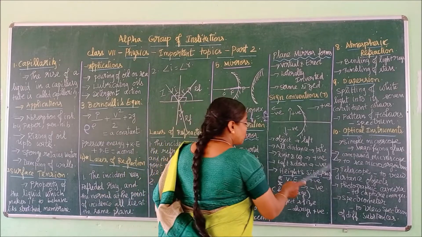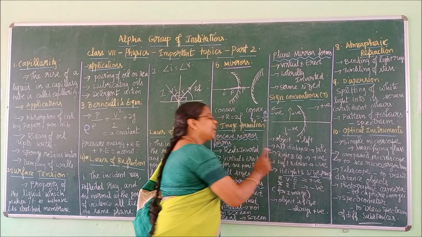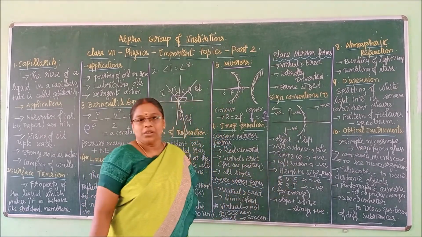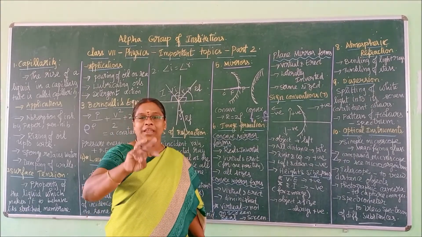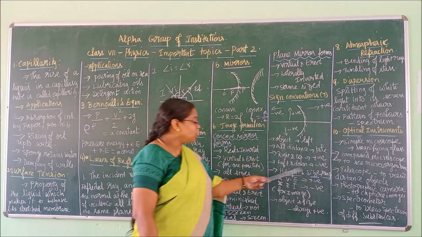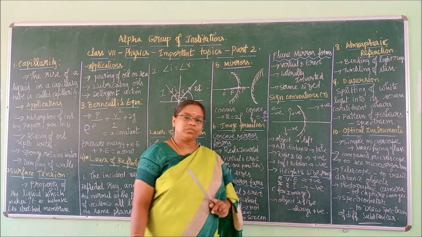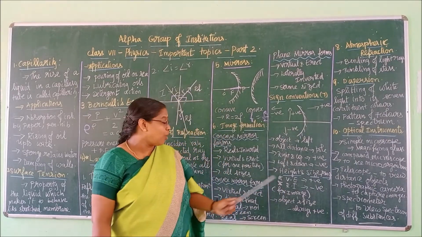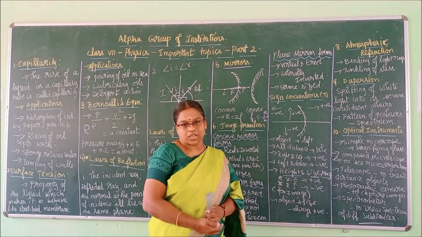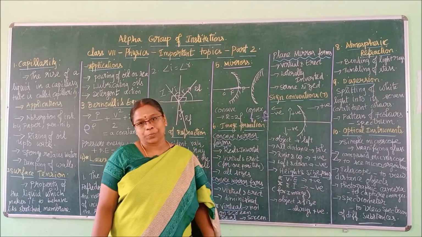But when it comes to the image, what about the height, size and magnification? Now I am talking about the image. These three quantities, height, size and magnification, are positive for a virtual and erect image.